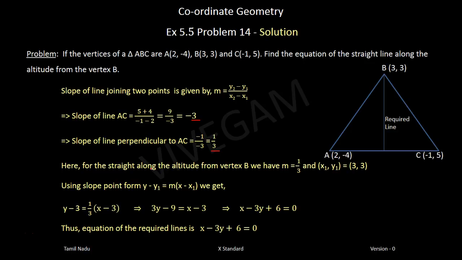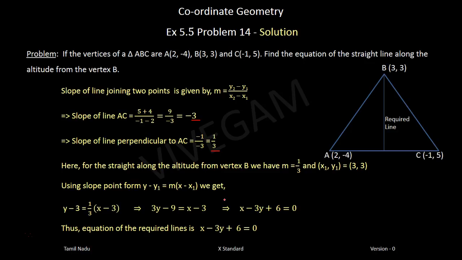Next, we now have the slope and one point, which means we have a straight line with slope 1 by 3 and the point 3, 3. That is x1, y1 is 3, 3.